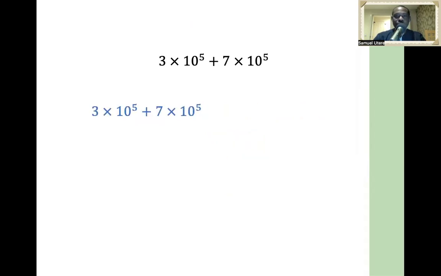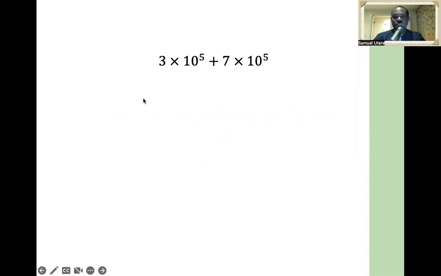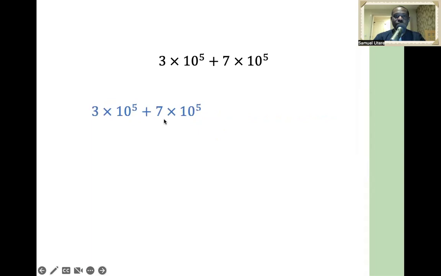What about this one? What would you say the answer is? Would you say it is 1 million? Of course, it's correct. It's 1 million. But if we write it in standard form using this, where we said, okay, if the powers are the same, we can simply just add the first integers, the integers of the standard forms. So if we do that, this will be 10 times 10 to the power 5.